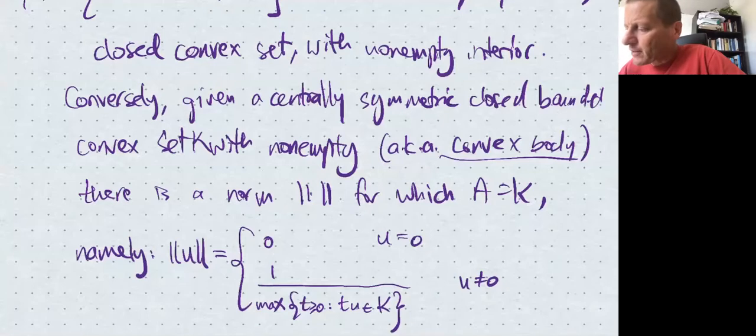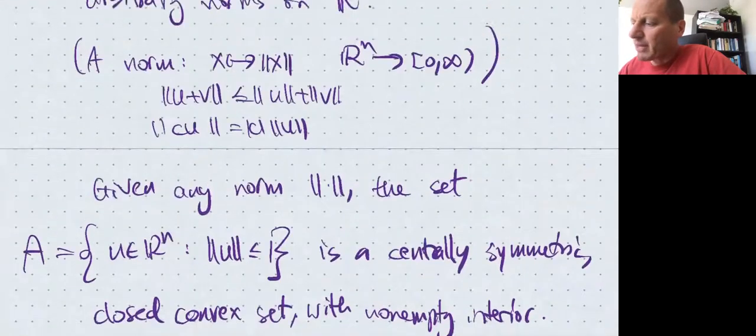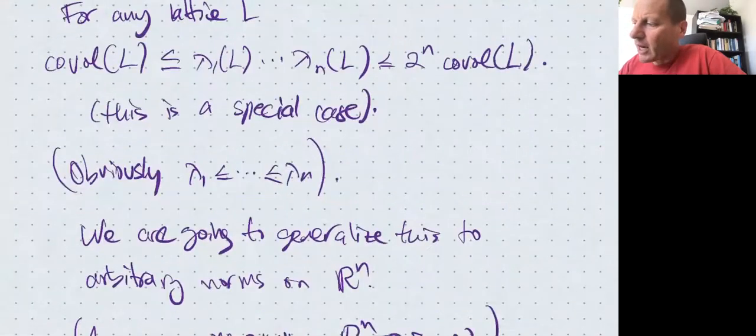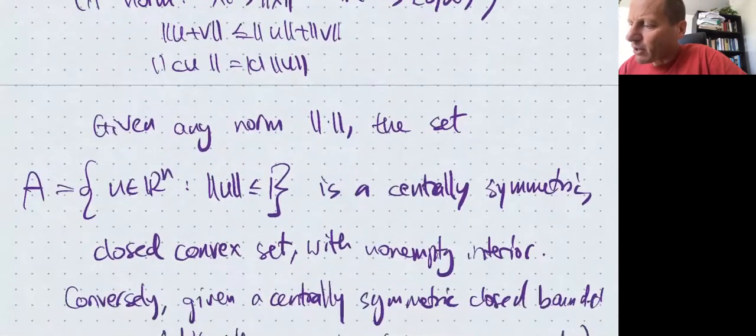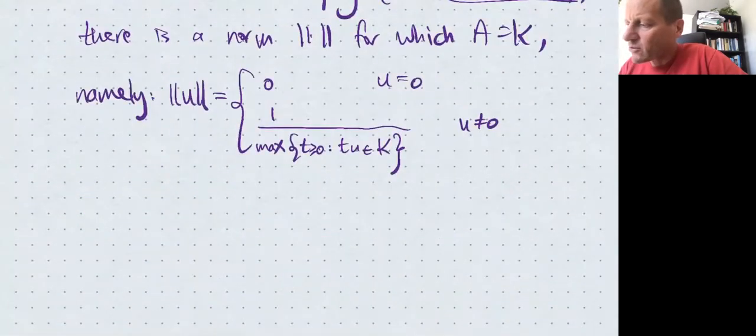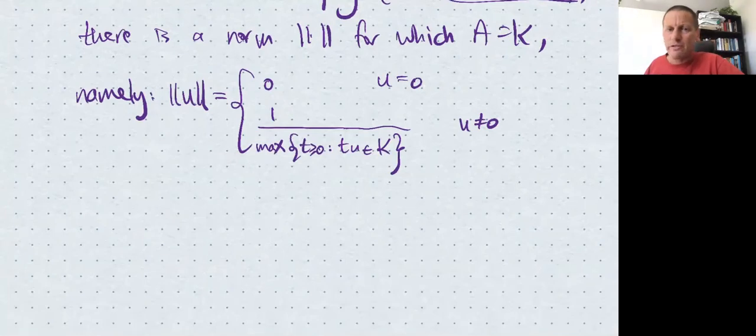And so we can define the lambda i's using an arbitrary norm, and that amounts to discussing points in convex bodies. So that's somehow related to Minkowski's first theorem. And this bijection is also due to Minkowski.